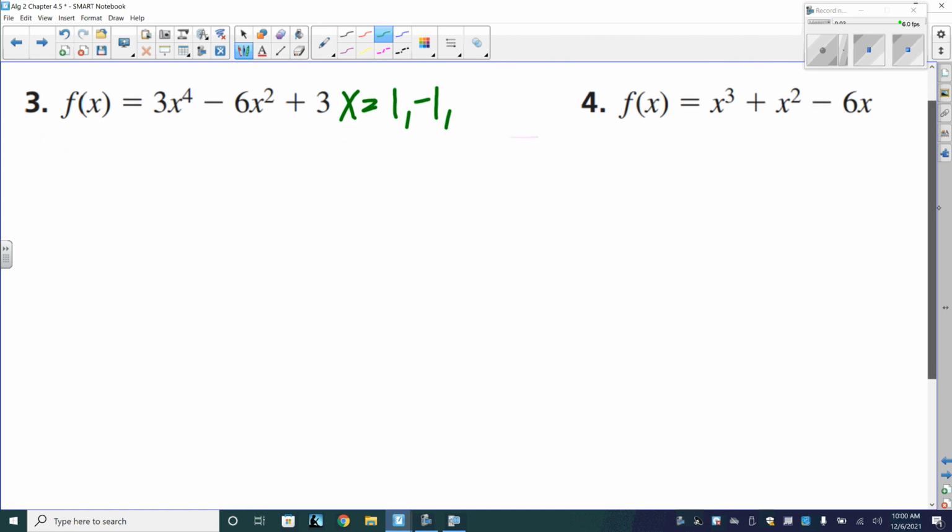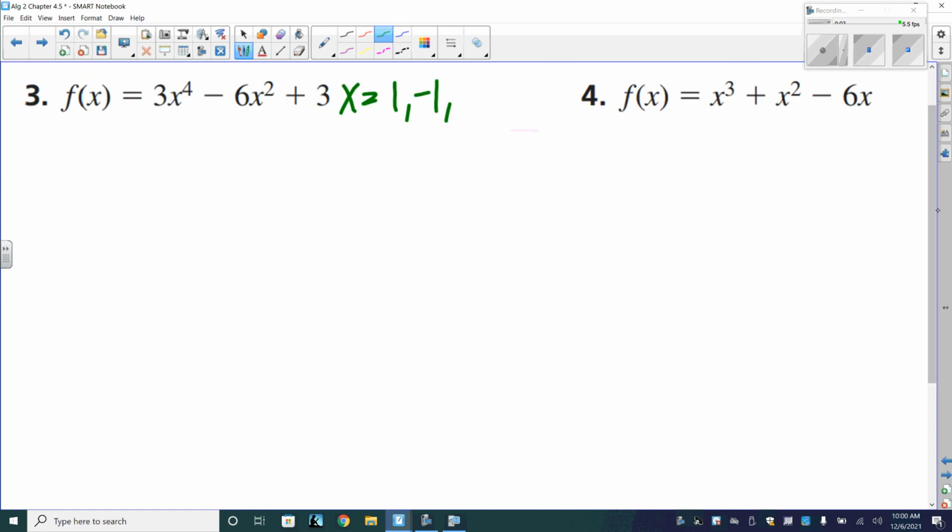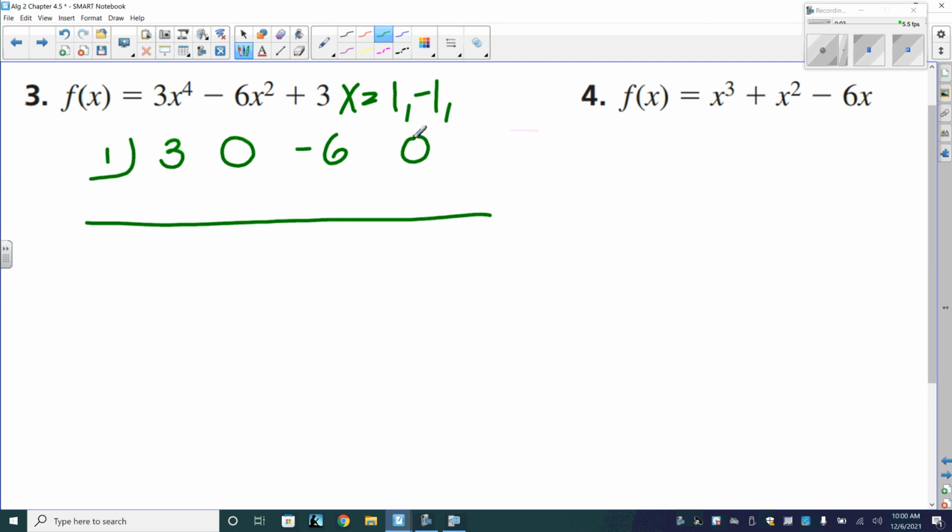Now we can go on and check this with synthetic division. Inside the cubbyhole we can pick 1. It really doesn't matter which one we do first. Across the top we would have 3 for x to the fourth, and then 0 for x cubed, -6 for x squared, 0 for x, and then 3.